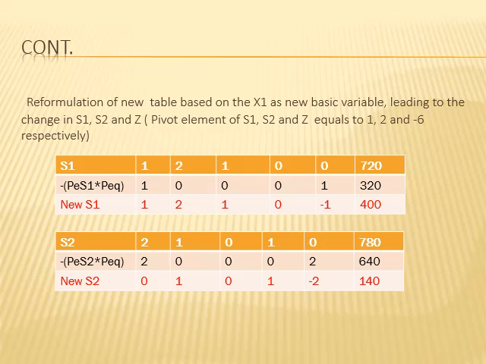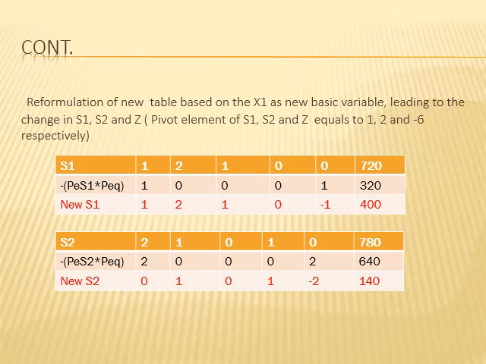First, we have to determine the pivot elements of S1, S2 and Z. The pivot element of S1, S2 and Z is the intersection point between the rows of S1, S2 and Z and the entering variable, which is x1.